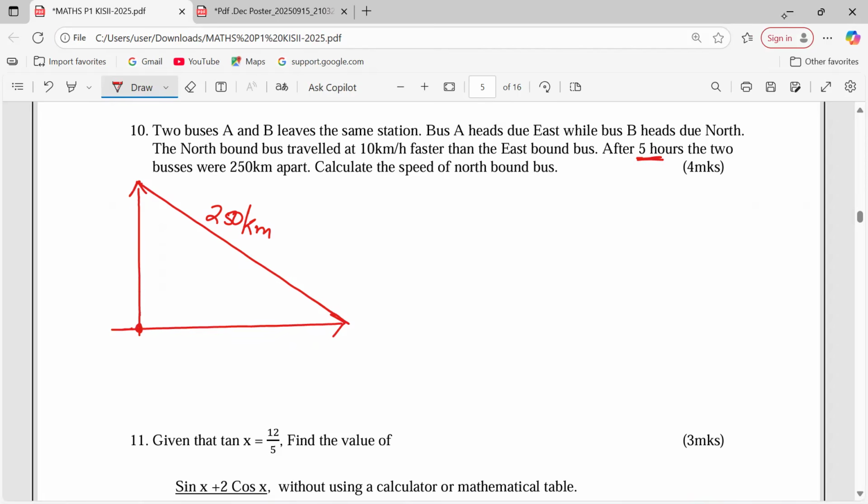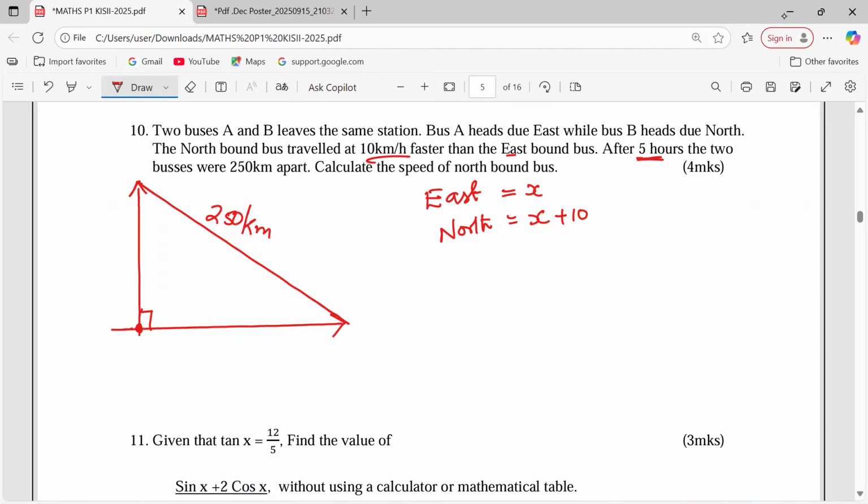So we can calculate using expressions first the distance covered by each bus. Distance is given by speed times time. The one going to the east can have a speed of x, meaning that the one going to the north will have a speed of x plus 10 because it's 10 kilometers per hour faster.